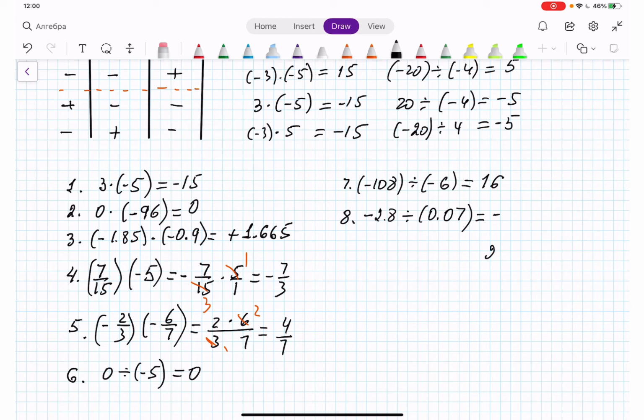And when we divide 2.8 by 0.07, since here we are going to move by 2 positions, this is also going to be 1 and 2, so we get 280 divided by 7. 28 by 7 is 4 and 0 attached, so it's going to be negative 40. Question number 9.